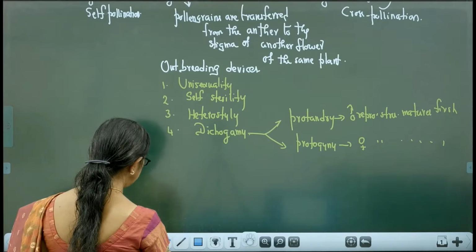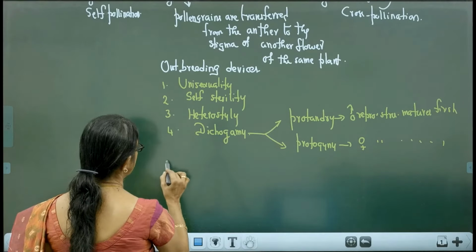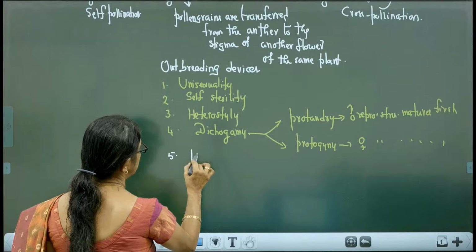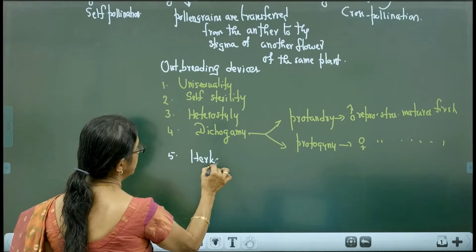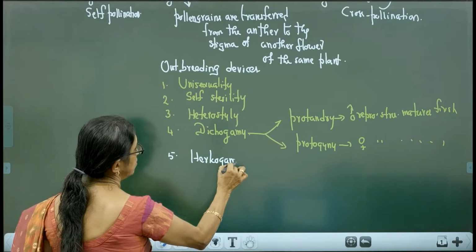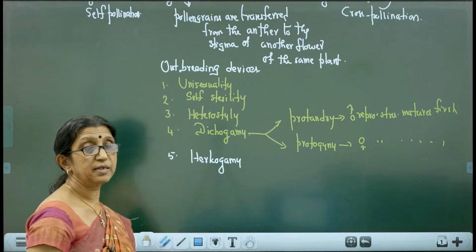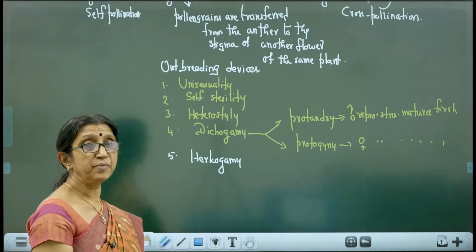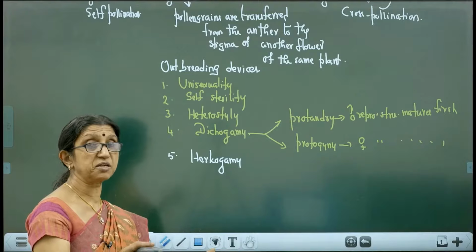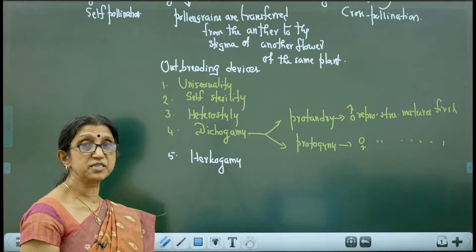And one more is there, that is herkogamy. Through some mechanical means, due to some structural adaptations, self-pollination is prevented.